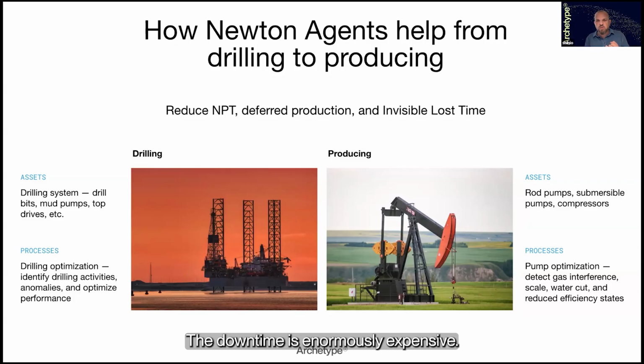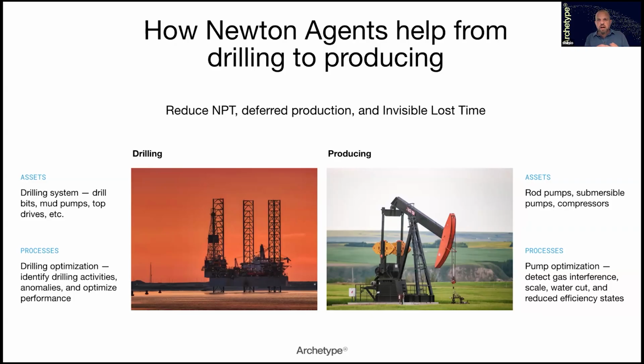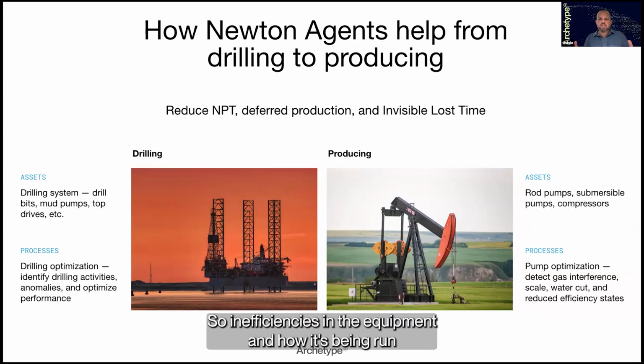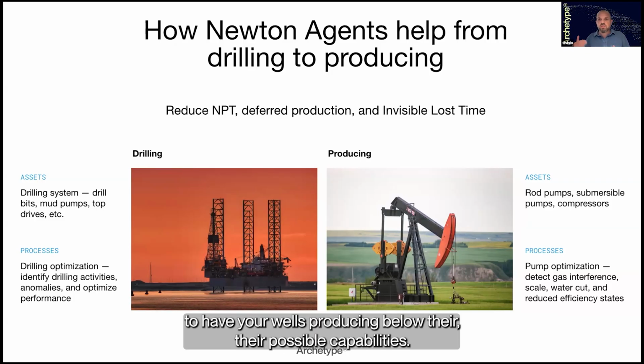The downtime is enormously expensive. It can be quite dangerous as well, so it impacts the safety of your people. There's also invisible lost time, so inefficiencies in the equipment and how it's being run based on the current conditions of what's going on. And you don't want to have your wells producing below their possible capabilities.